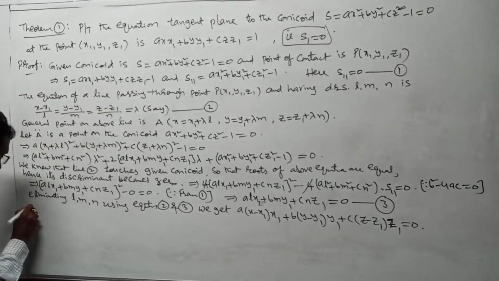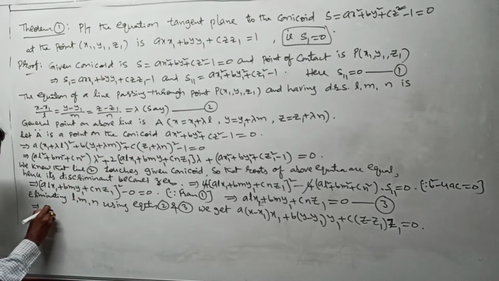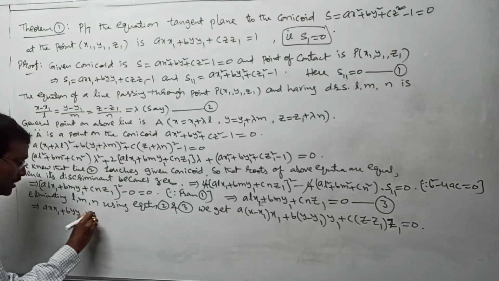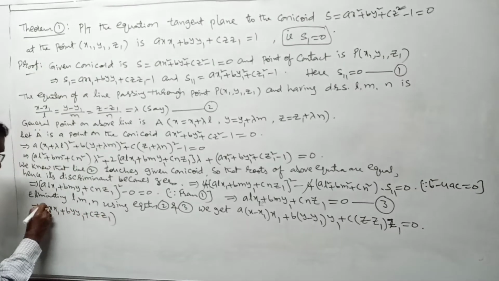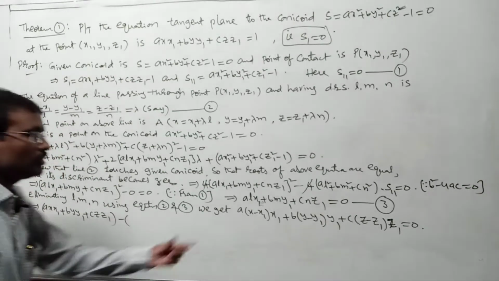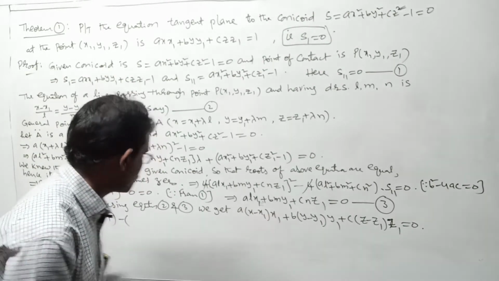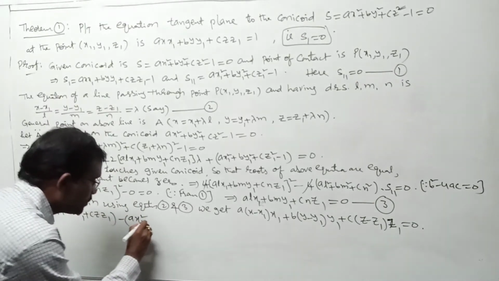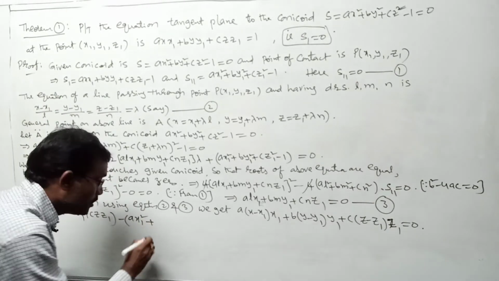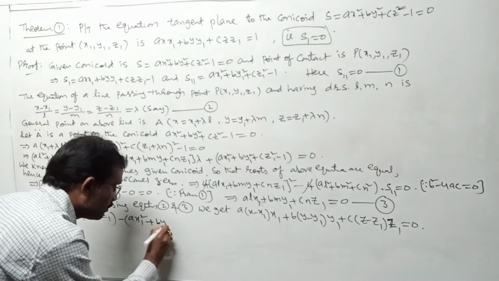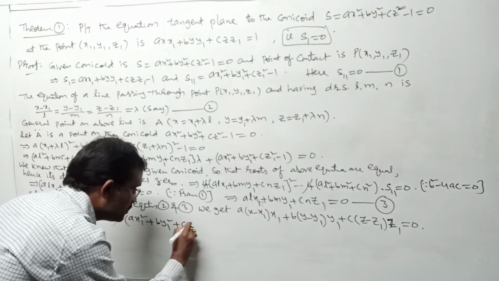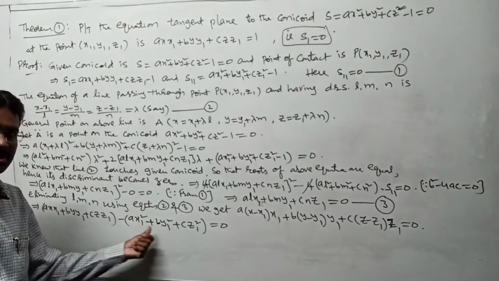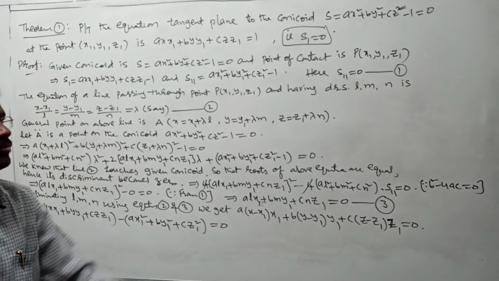This implies AXX1 plus BYY1 plus CZZ1 is one part minus of AX1 square plus BY1 square plus CZ1 square is equal to 0. AX1 square plus BY1 square plus CZ1 square equal to 0.